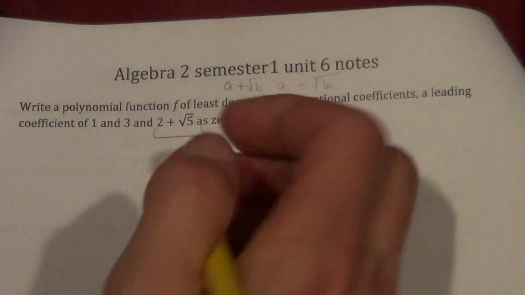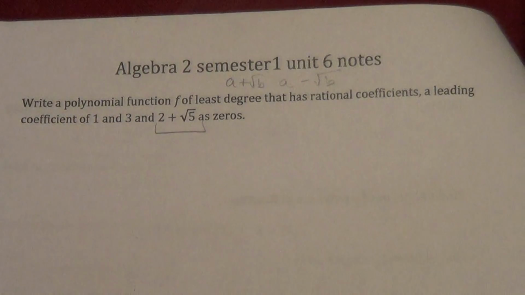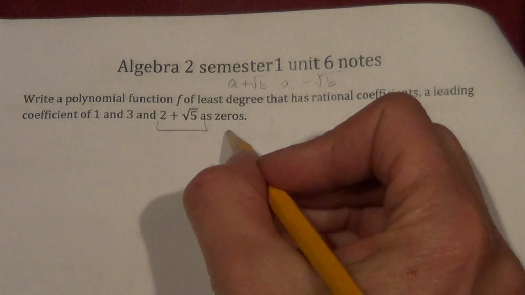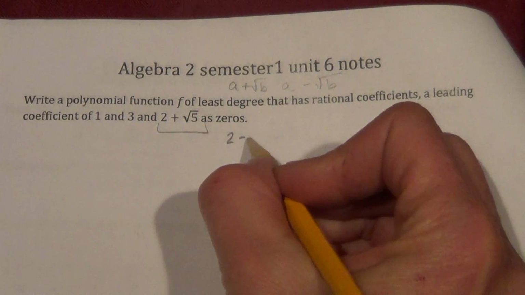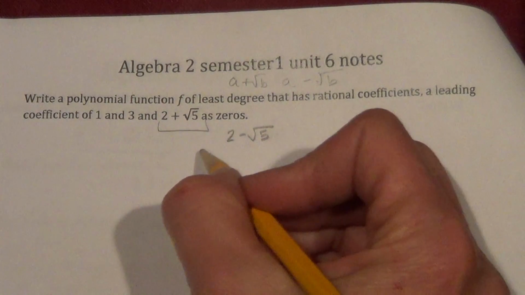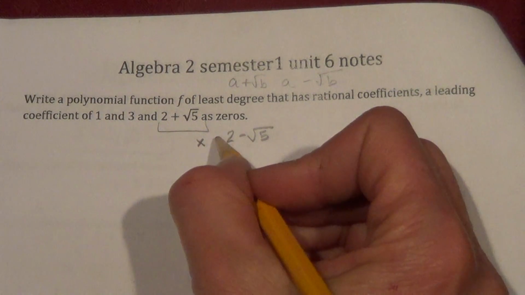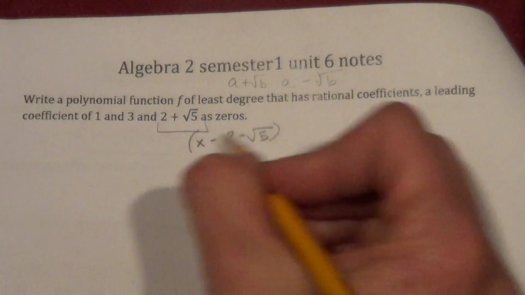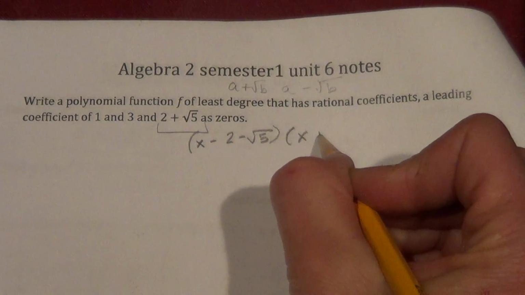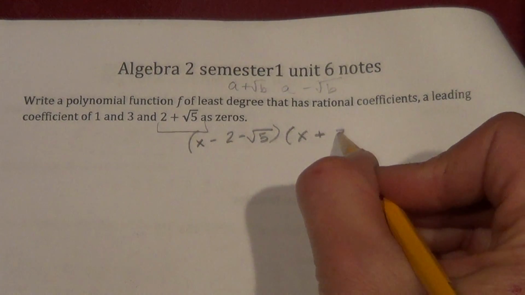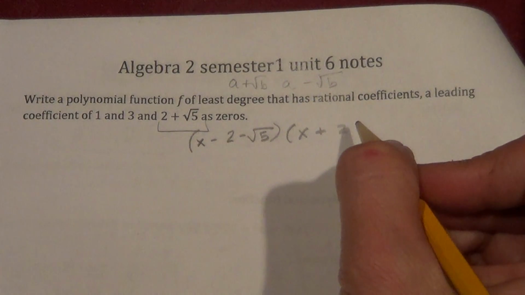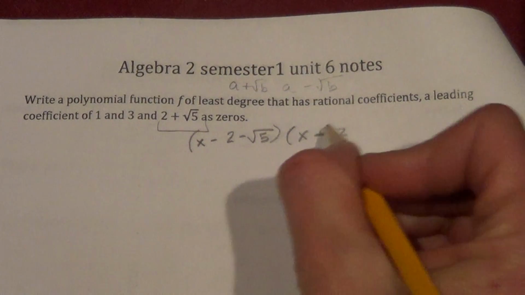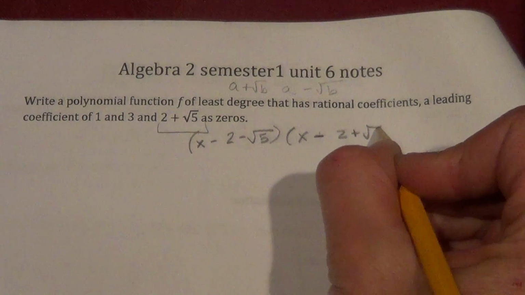Okay, so if we have this, we also have 2 minus radical 5. So we have x minus 2 plus radical 5, and we have an x minus 2 minus radical 5.